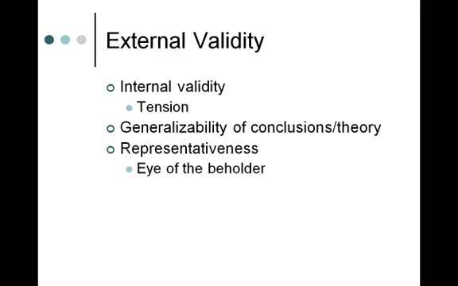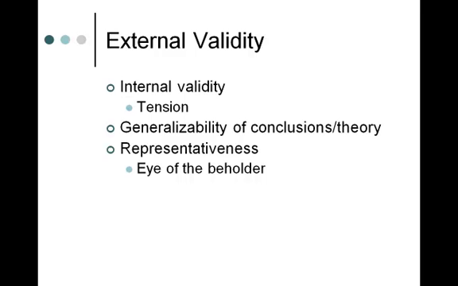It's important here to note that external validity is dependent on the goals of the person evaluating the study. Right? Who or what do you want to generalize to? If you do a study looking at aggression in kids, the conclusions may not generalize to adults. But if you're interested in aggression in kids, you're not interested in adults, you may not care, right? So it's like, oh, you have poor external validity, it doesn't apply to adults.